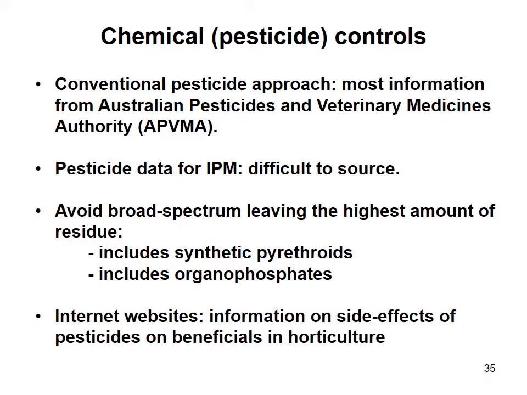Generally it's recommended in IPM to avoid broad spectrum chemicals which leave the highest amount of residue, and this includes synthetic pyrethroids and the organophosphates. There is information available online on the side effects of pesticides on beneficials in horticulture, and this information can be extrapolated to broadacre farming.